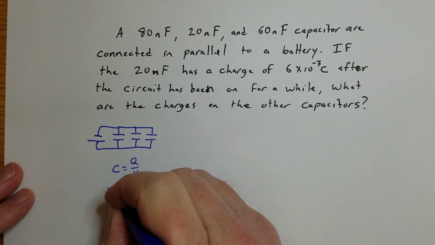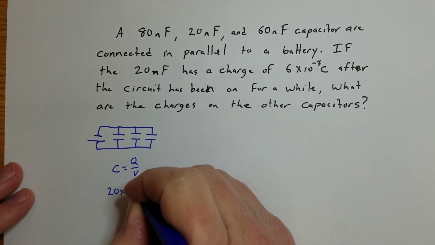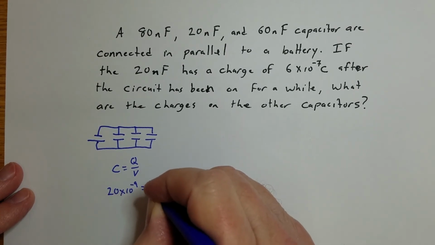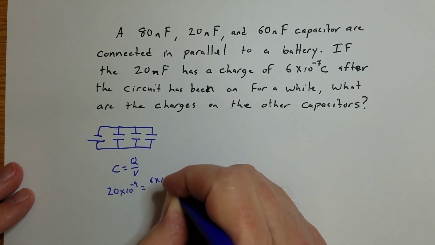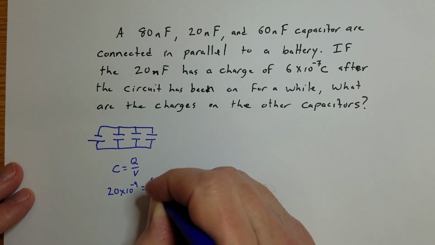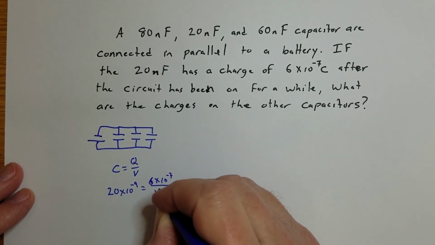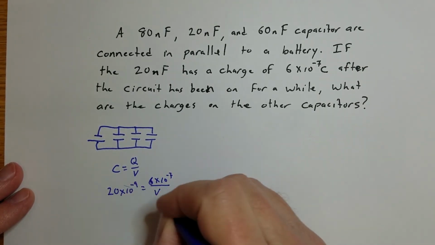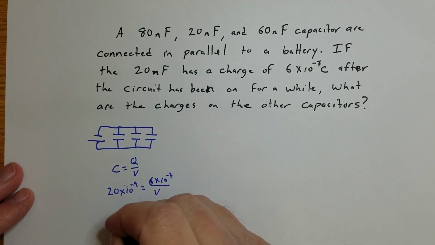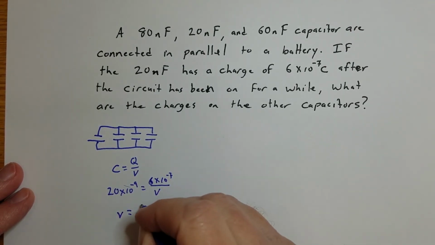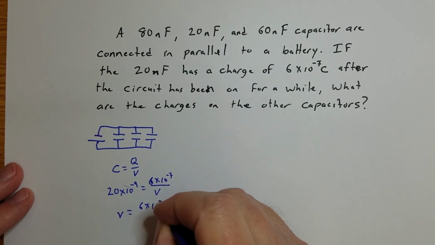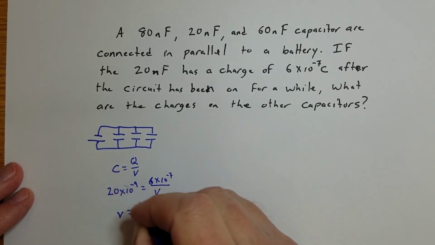So 20 times 10 to the minus 9 equals 6 times 10 to the minus 7 over V. So we solve for V, what I call the super secret metric. V comes out, and that takes its place.